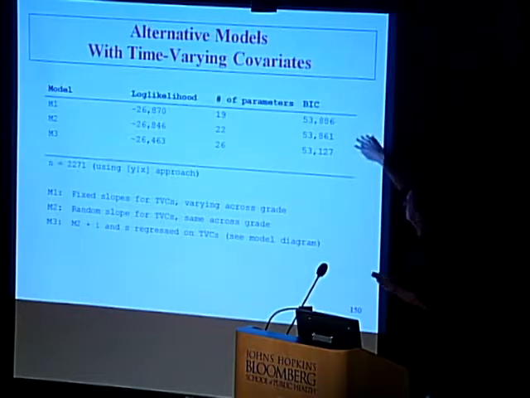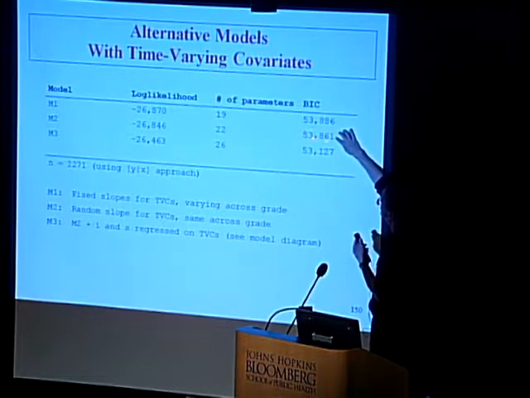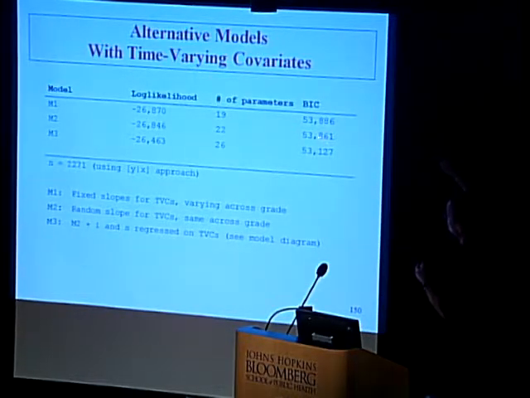BIC likes parsimony. So, weighing those two things against each other, you pick the BIC with the lowest value. This BIC is lower than that BIC. So you would choose M2 over M1 in this case.